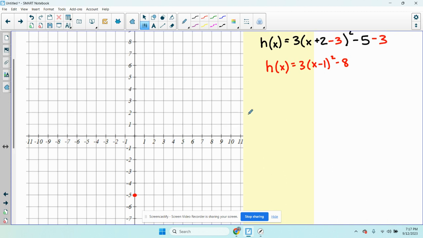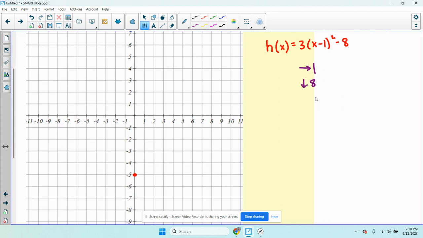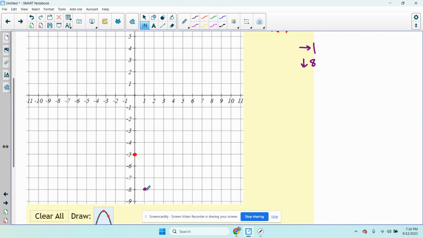Now all I need is my vertex. What is the vertex of this thing that I just figured out? Well, this -1 is going to move me 1 unit to the right, and this -8 is going to move me 8 units down. So I have 1, -8. There's my vertex. So if I want to graph this, start at the vertex, and there's my second point. Start at 1, -8, go to 0, -5.